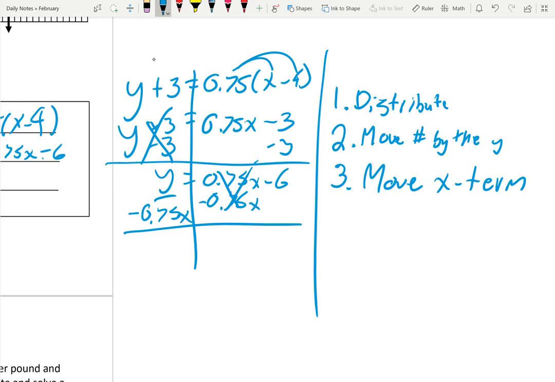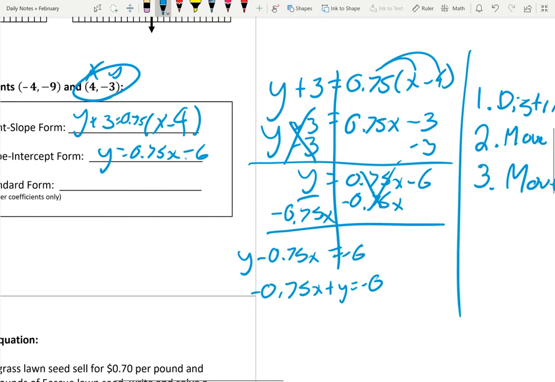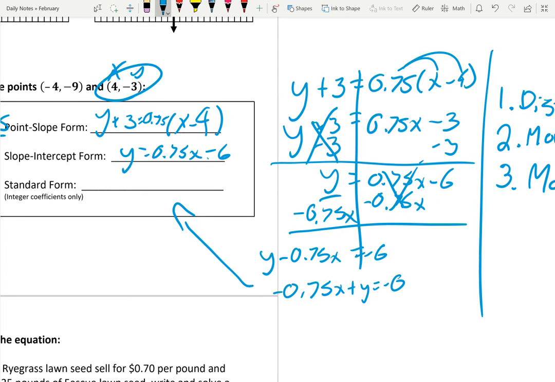And that means in my equation, you can write it 2 ways. y minus 0.75x equals negative 6, or negative 0.75x plus y equals negative 6. Either way, it's the same thing. But these are your standard forms.